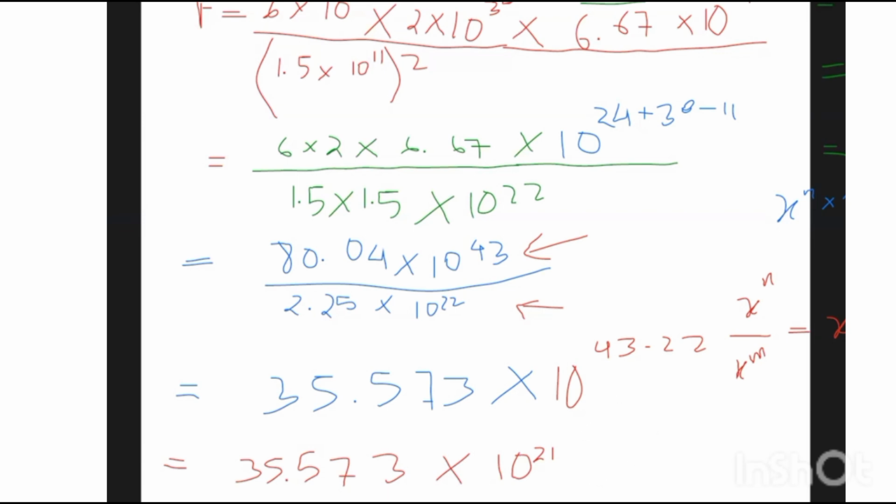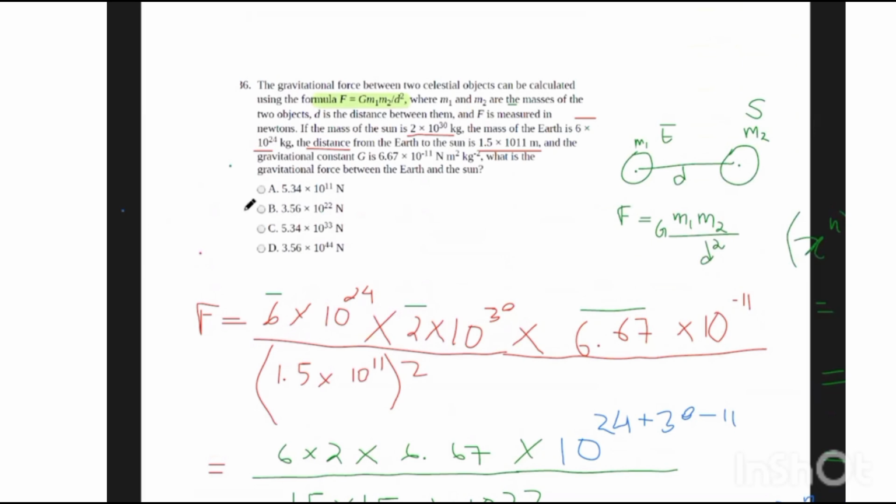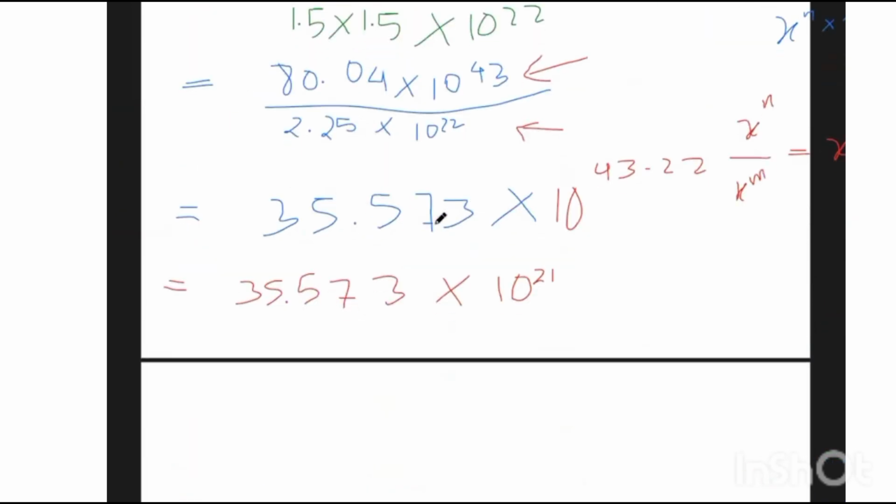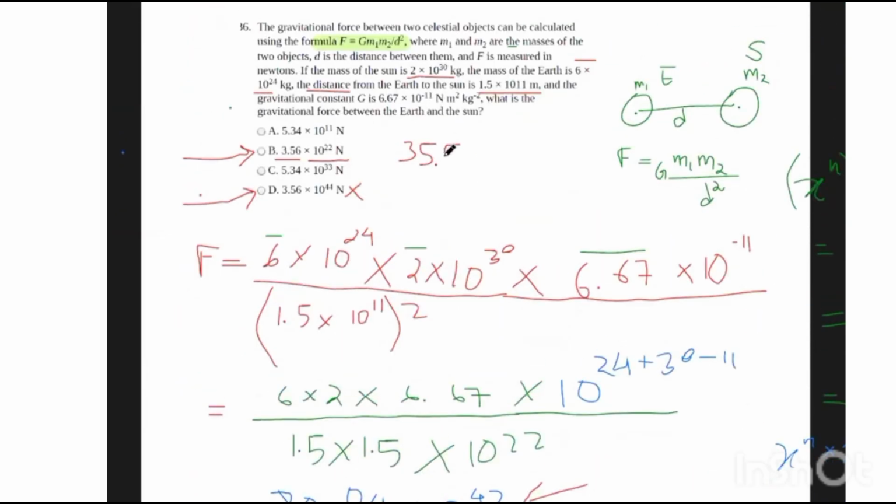Now look at the options. It says 35.573 times 10 to the power 21. Again, see, we have two options which are having 3.56. Herein it is 10 to the power 44. Clearly not the answer. Herein it is 10 to the power 22, but we are having 21 only. It is because we are getting the answer as 35.57 times 10 to the power 21.